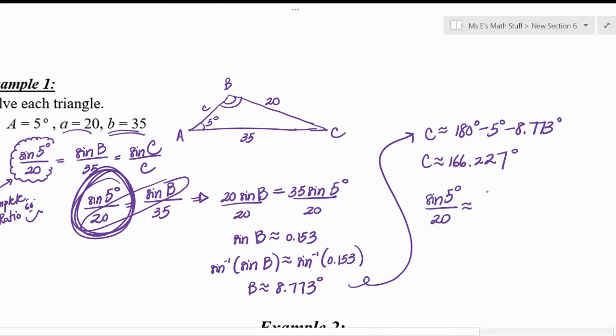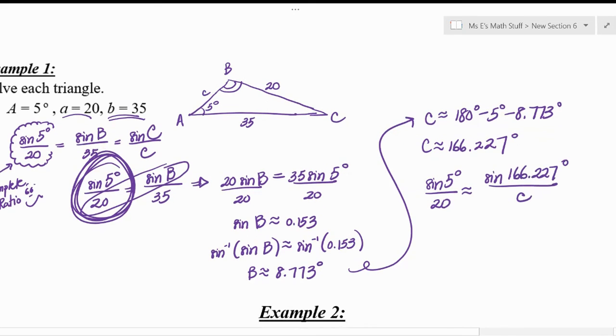And then that would equal sine of angle C divided by side length C. And then you use cross products again, or cross multiply and divide, whatever you do there, and then figure it out from there.